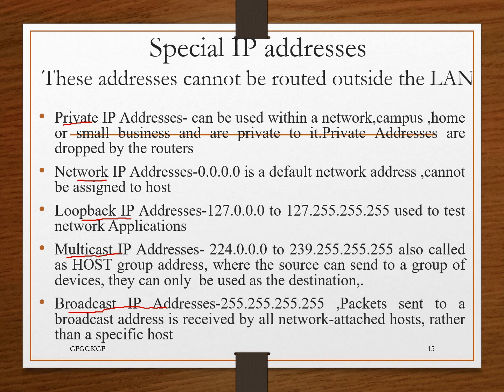Network IP address 0.0.0.0 is a default network address that cannot be assigned to a host. Loopback IP addresses 127.0.0.0 to 127.255.255.255 are used to test network applications. This loopback IP address is managed entirely by and within the operating system.